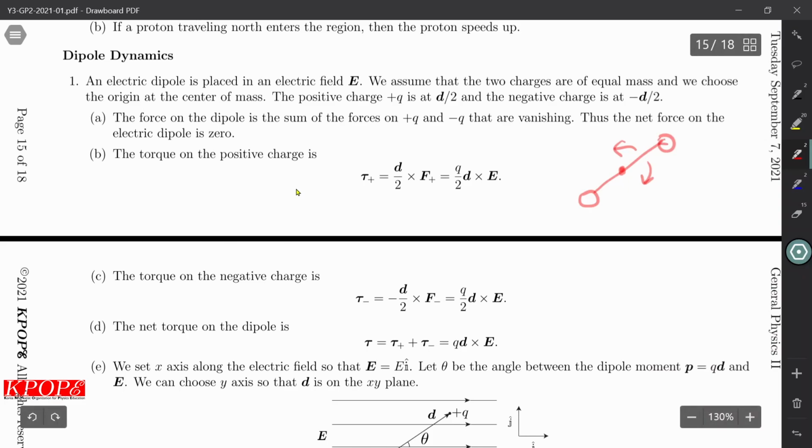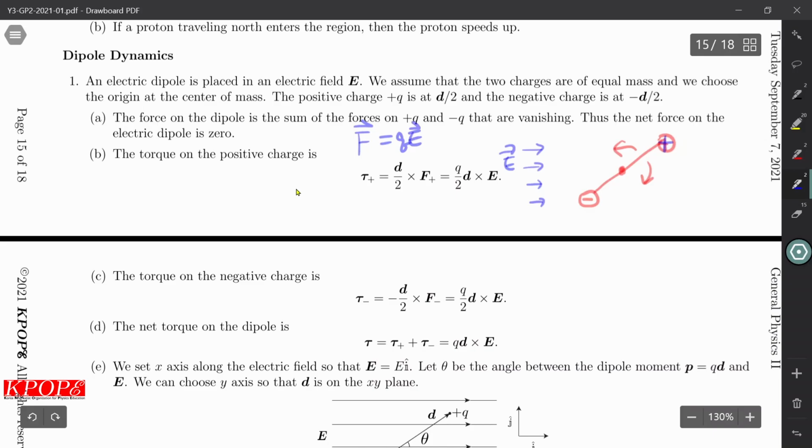We have plus charge Q and minus charge Q. If the electric field is applied, F equals QE.